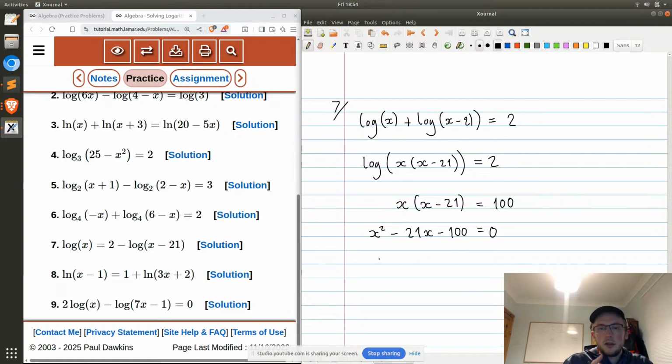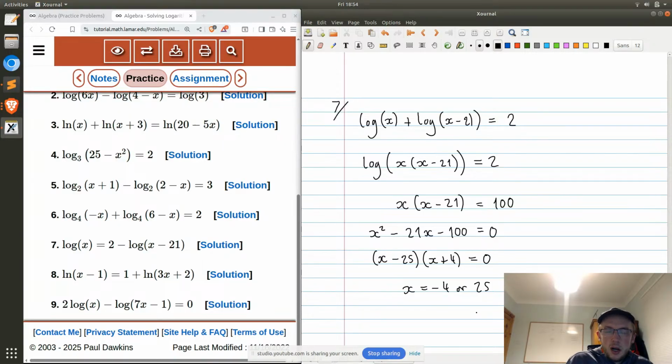And then can this be factorized? Let's see, we've got 2 and 50. No. 4 and 25. Yes. So it does work. Just like that.